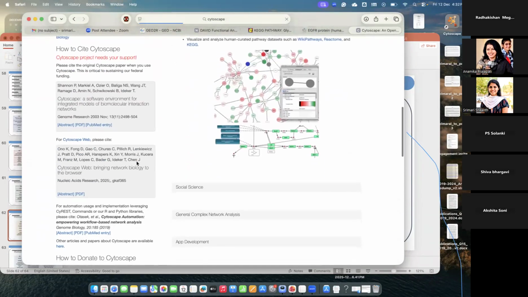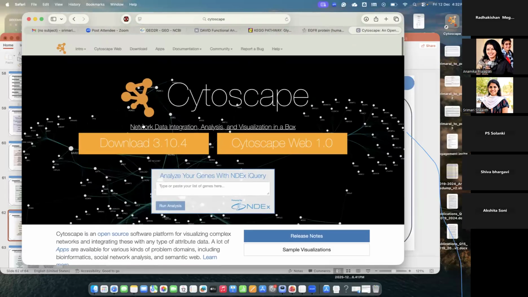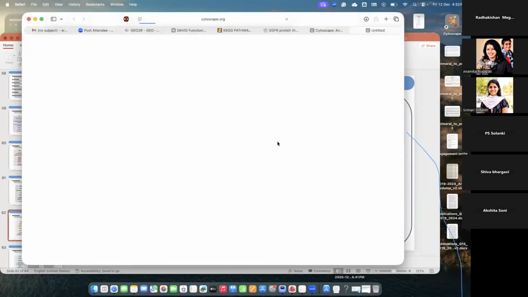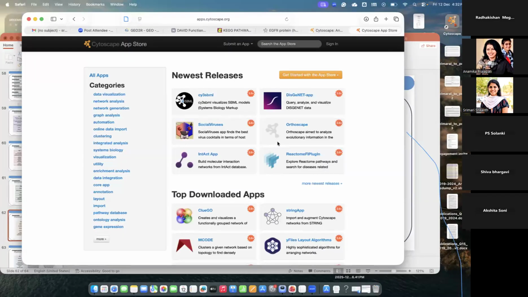Either it can be a gene network or a protein network, and many apps are available in this. They categorize each app like data visualization, network analysis and clustering, systems biology, and enrichment analysis.